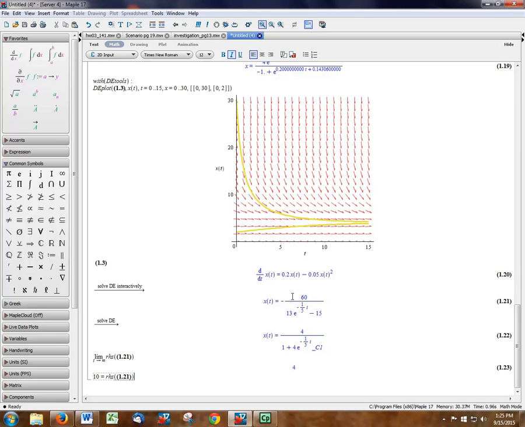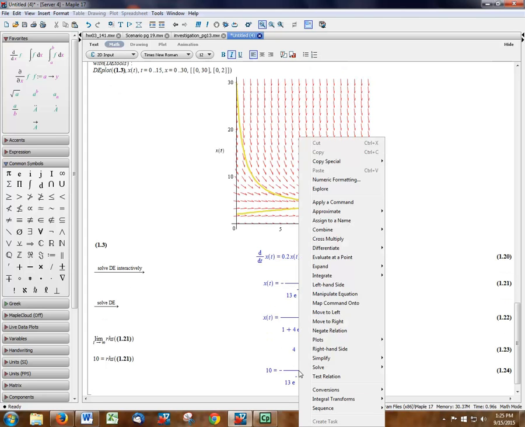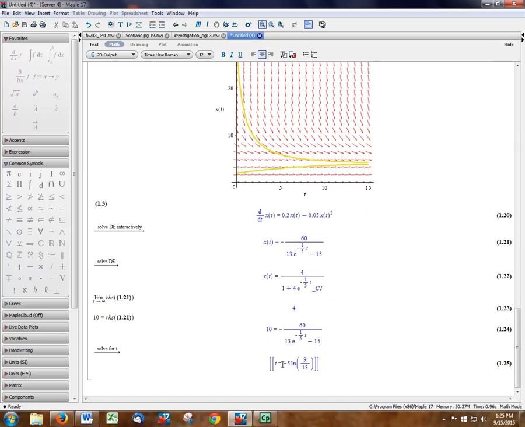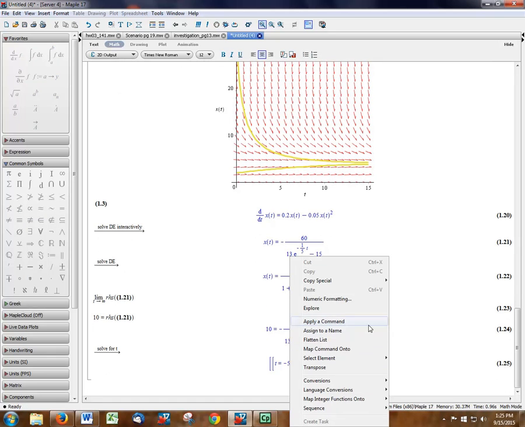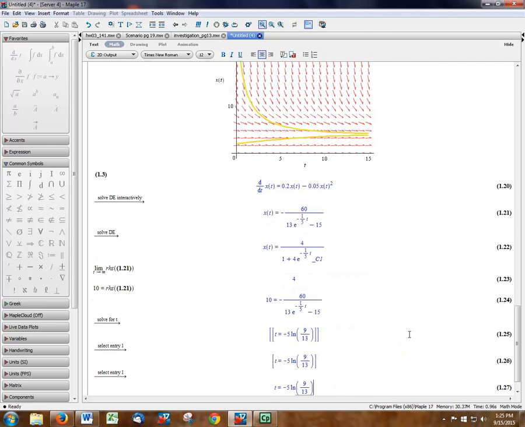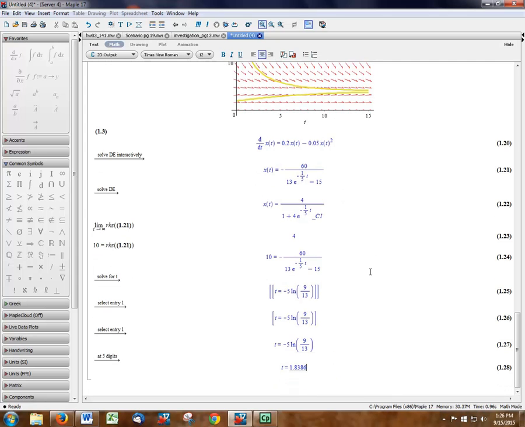There we go. And now we need to solve for t. You do some algebra. Let's have the computer do the algebra for us. And so I need to extract that element and then approximate it to 5 digits.